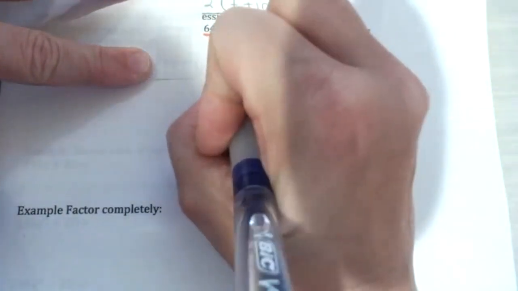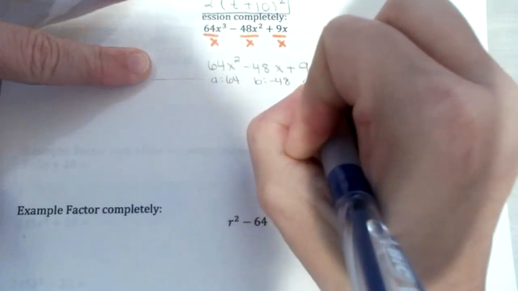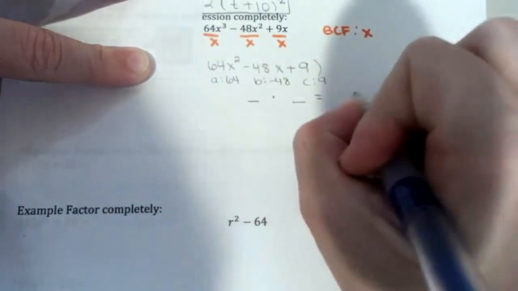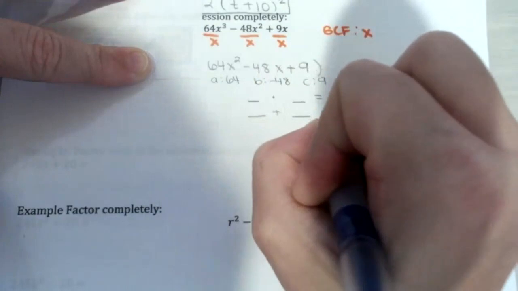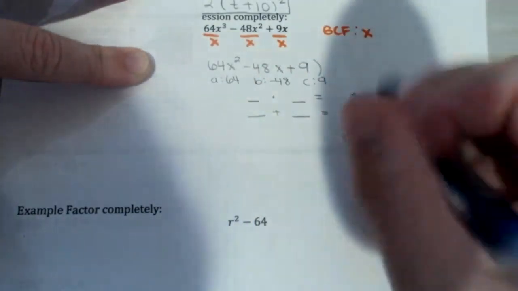So our A value in front of x squared is positive 64. Our B value in front of x is negative 48. C out by itself is positive 9. So we're looking for two numbers that multiply together to give us A times C, and the same two numbers add together to give us B, which is negative 48.